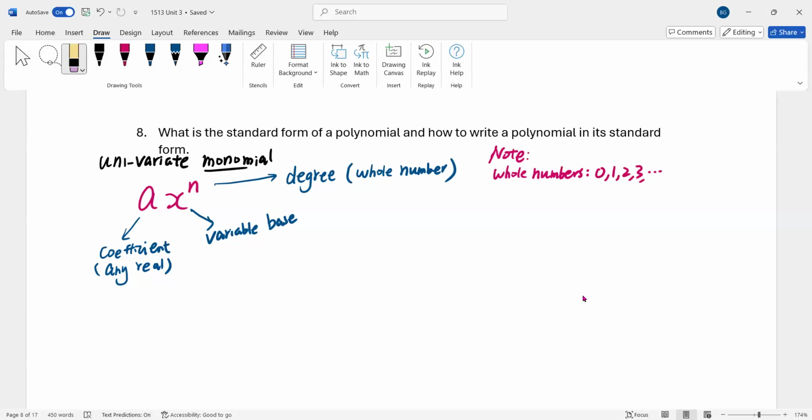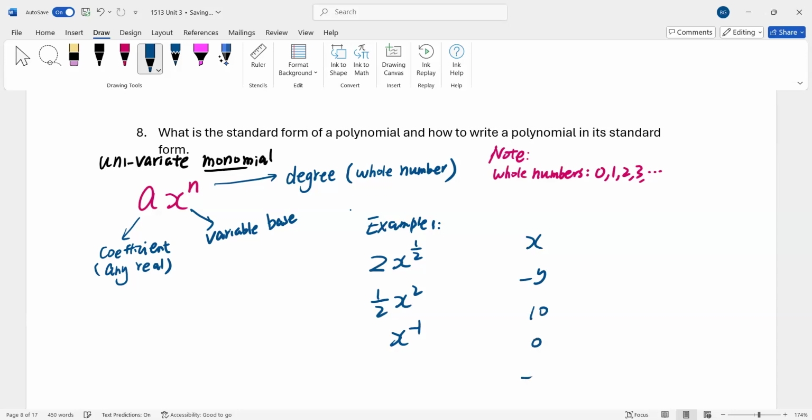All right, so let me give you some examples. Let's say 2x^(1/2), x^2, x^(-1), x^y, 10, 0, and 5.